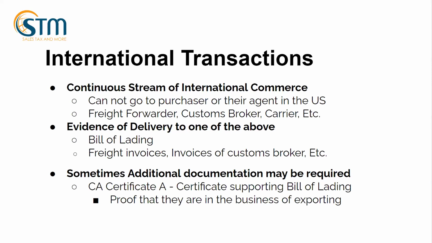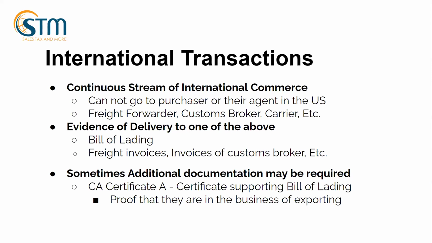If it's a big name and everybody knows who they are, you're not going to have any problems with just the bill of lading. But if it's John Jones, and no one's ever heard of them before, we've got to make sure that they are actually in the customary business of making exports.